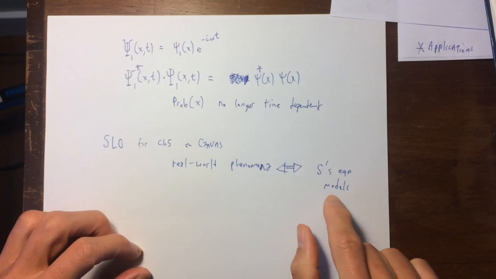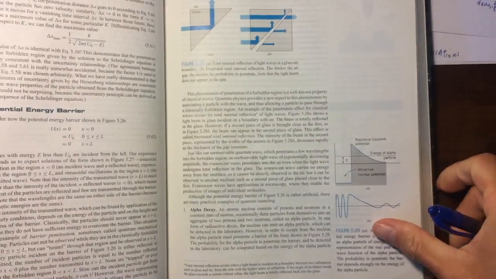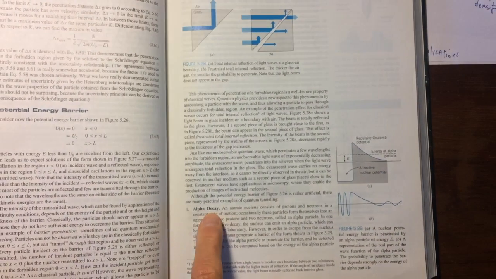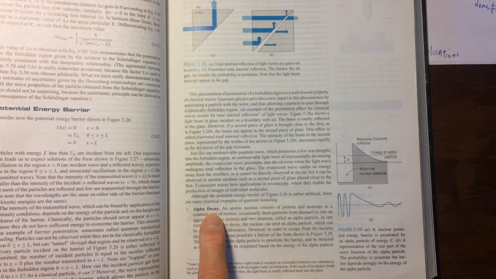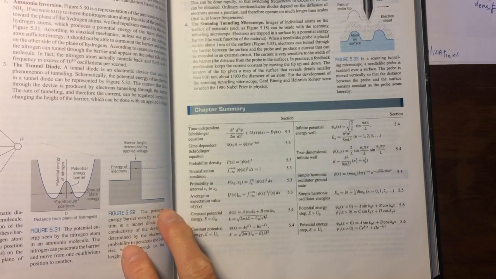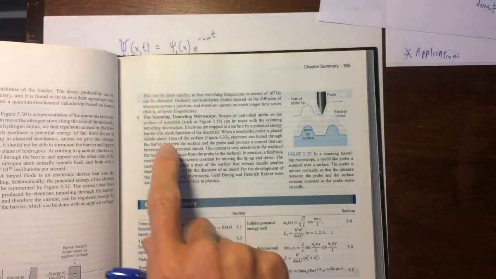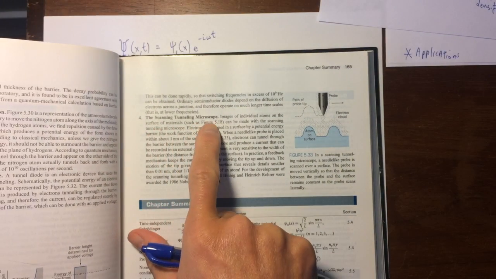And what's interesting here is your book shows you a couple of situations that can be modeled in a certain sense. And one of them is a really interesting piece of technology called the scanning tunneling electron microscope.